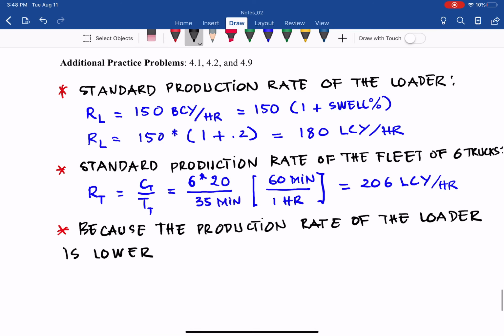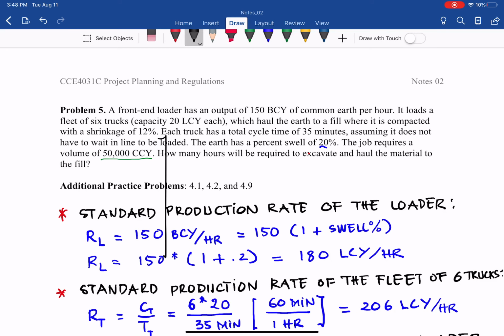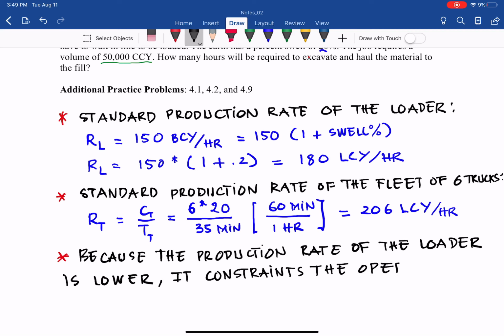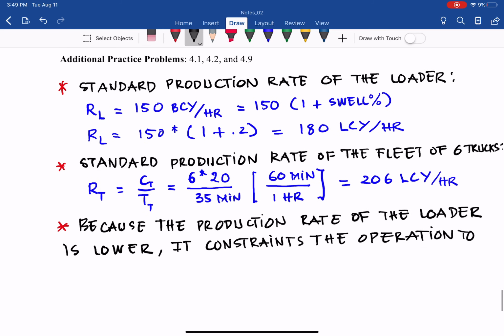So basically, that constrains the operation to a maximum output of only 180 LCY per hour.